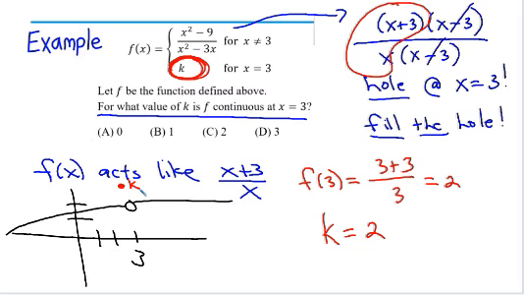So what we want to do is fill the hole. And if we make k equal to 2, then it meets all 3 conditions. We're not going to worry too much about what the function looks like at this point. I just want you to see that if we fill the hole, we meet all 3 criteria.